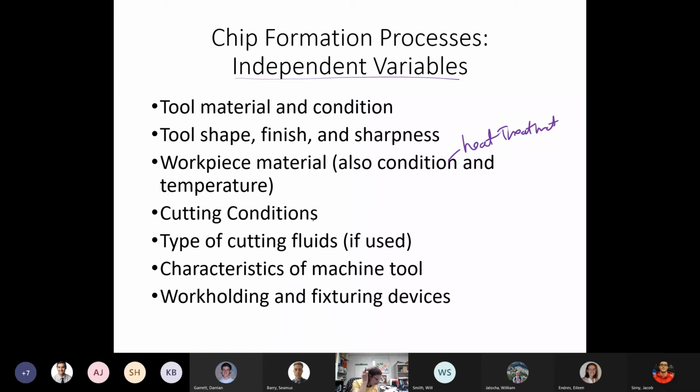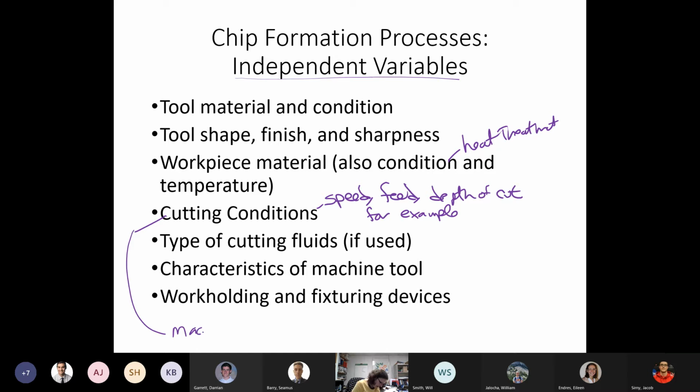Now the cutting conditions: this is going to be things like speed, feed, depth of cut, among other things. And we will look also at the difference between the cutting conditions from the machine versus the tool.